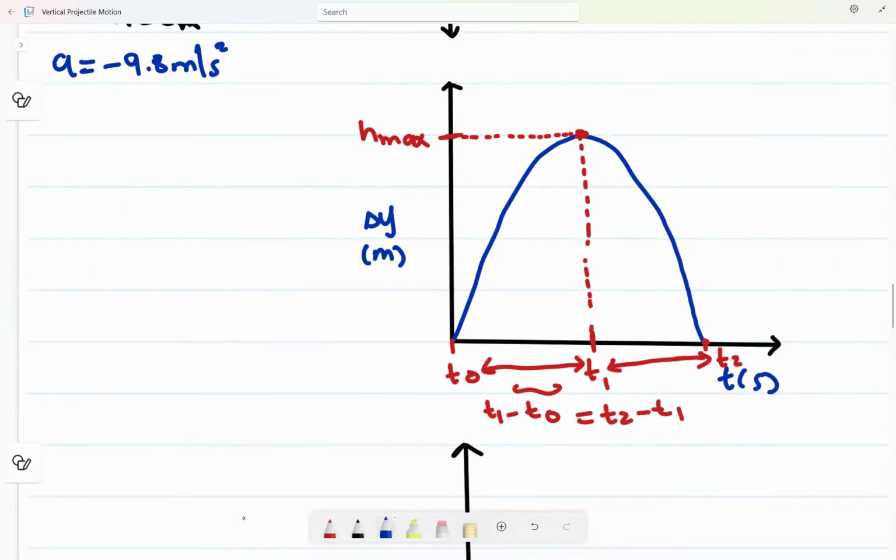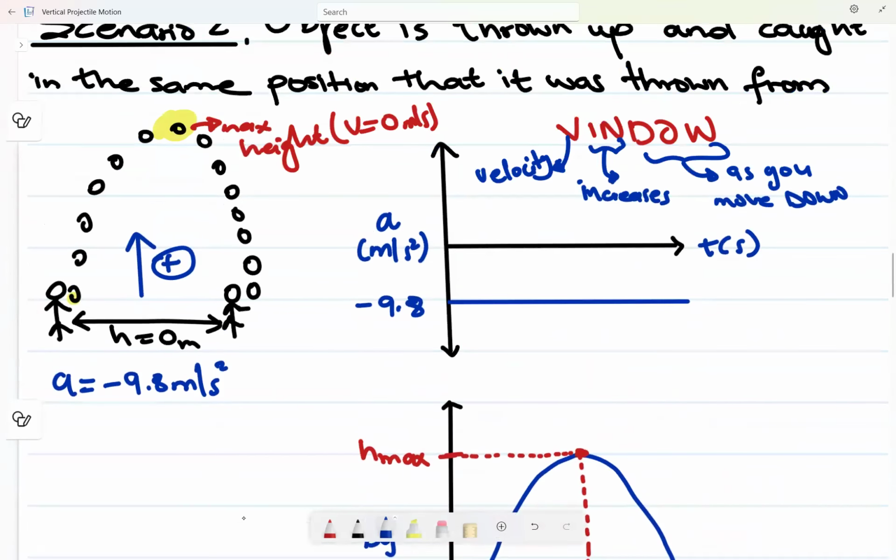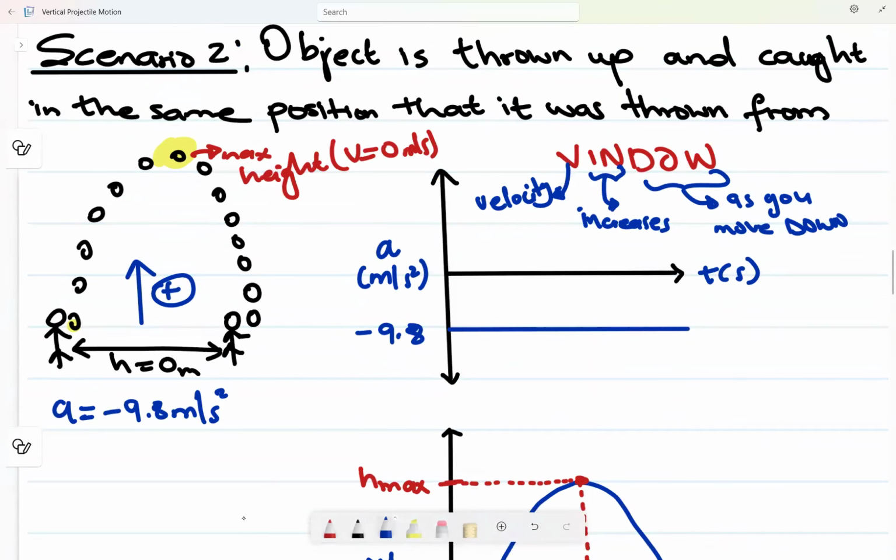Where does your object start? You are not told whether the object is, let's say, projected upwards with a velocity of v. It was thrown upwards, so it has a certain velocity.